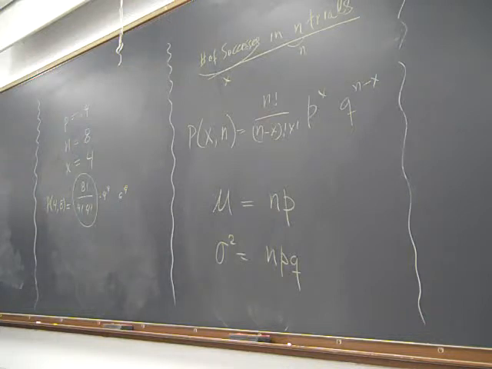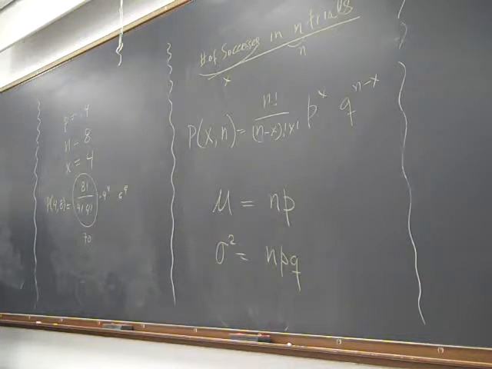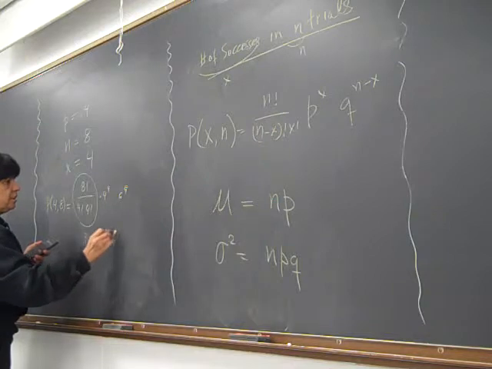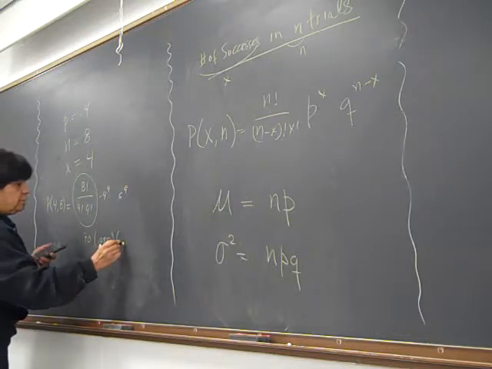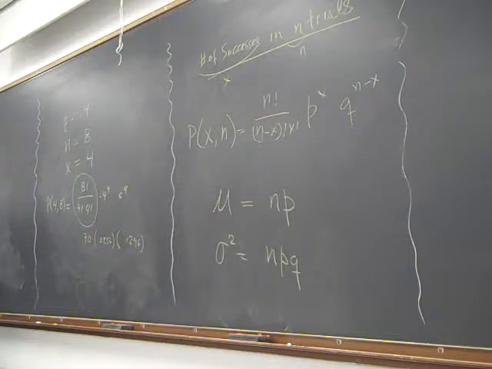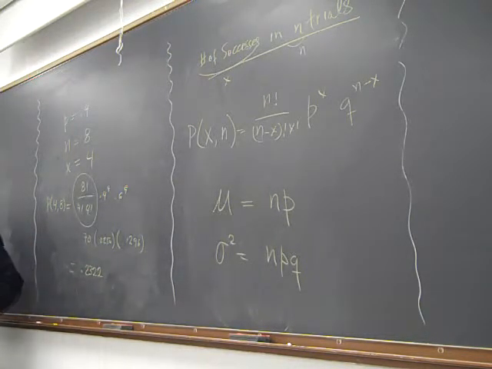Exactly. 8 choose 4, so this is 70. 0.4 to the power of 4 is equal to 0.0256, and 0.6 to the power of 4 is going to be 0.1296. So 70 times 0.0256 times 0.1296. So this probability is 0.2322.